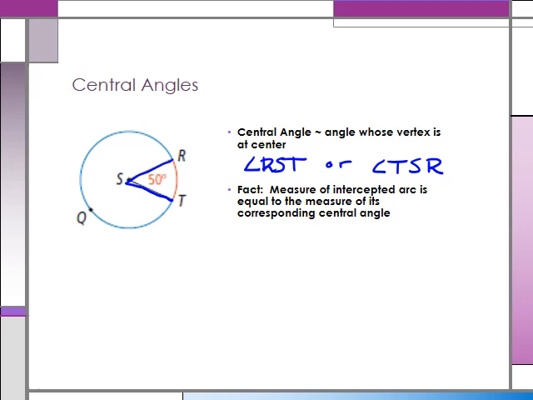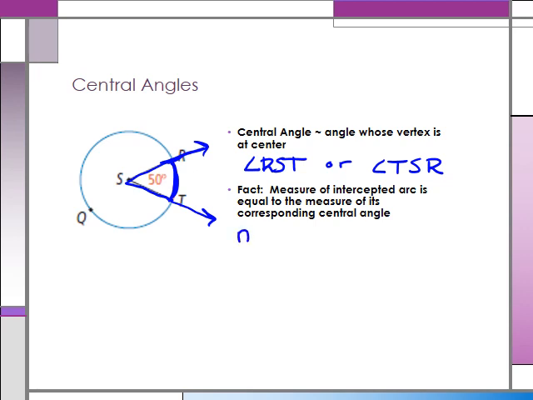So if you can imagine that your angle, because it goes on and on and on forever and ever, is there, interception in football is you're stepping in, you're intercepting it, you're cutting something off. So this is your intercepted arc, RT.